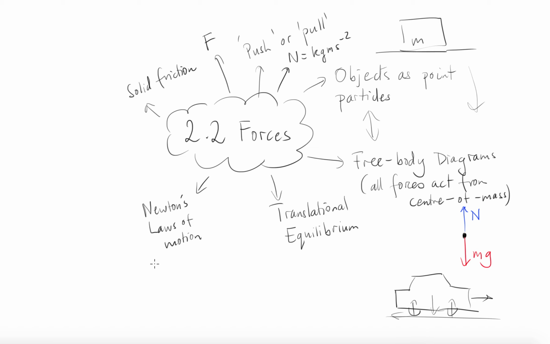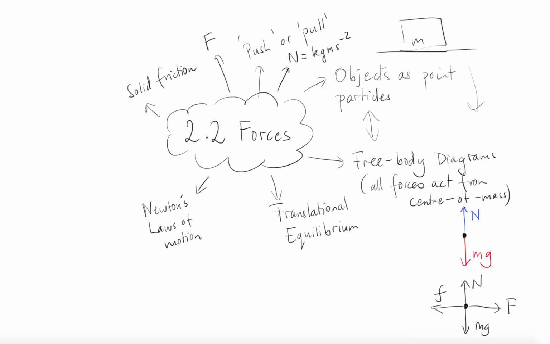We could draw a free body diagram for the car, with a point at the center of mass of the car. This would be the forward accelerating force, this would be the frictional force, this would be mg downwards, and this would be the contact force upwards. So free body diagrams act from the center of mass, and all forces go out from the same point.